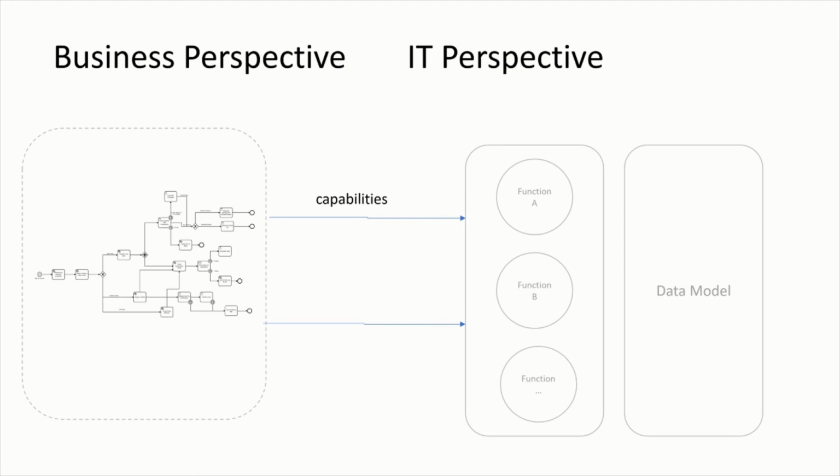So, from the business perspective, now you're in control of the workflow. You're driving this workflow, you're driving how information flows through your system. From the IT perspective, you're talking about a list of capabilities.